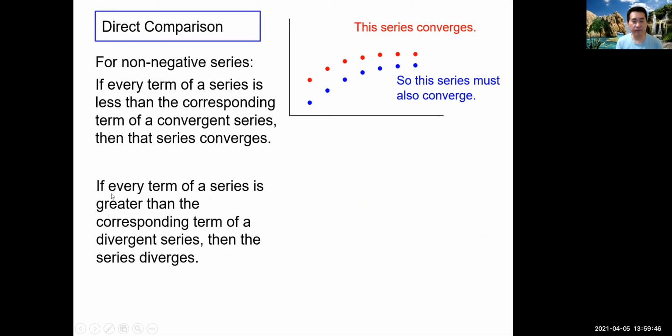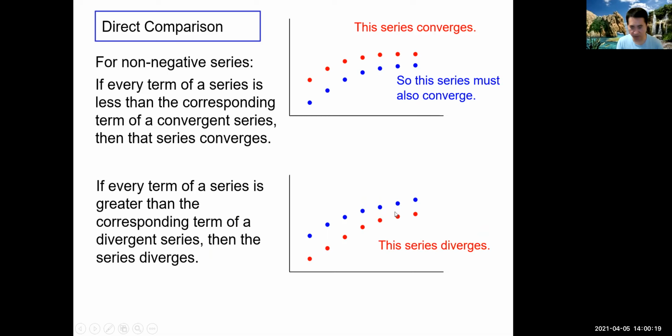If every term of a series is greater than the corresponding term of a divergent series, let's say I have the red series and the blue series, and the blue series has all terms bigger. If the red series diverges, so does the blue one.